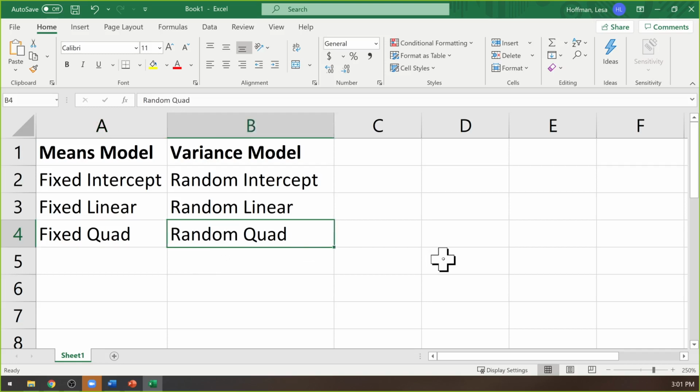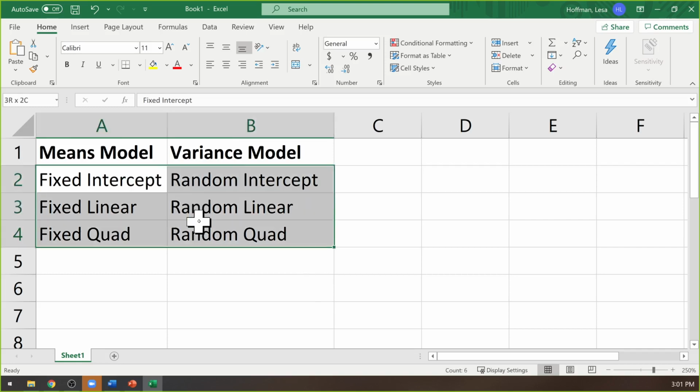Likewise, on the variance side, if I have random quadratic, I gotta have random linear underneath it. Going across the 2 sides, I have to have fixed quadratic if I have random quadratic, because random quadratic is adding a u that deviates from the fixed. So then just saying that the model is this, I have a random quadratic time model, that one phrase covers all 6 of these things.